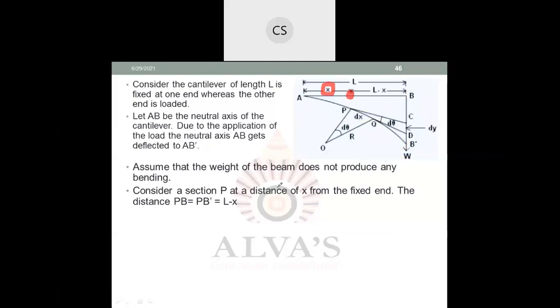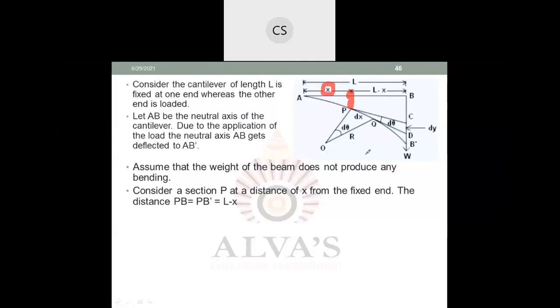So now what we assume is the distance PB and the distance PB dash. So the same cantilever is bent, so therefore that's the same point.